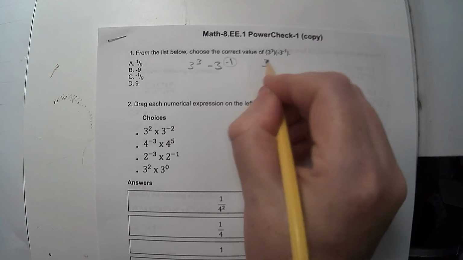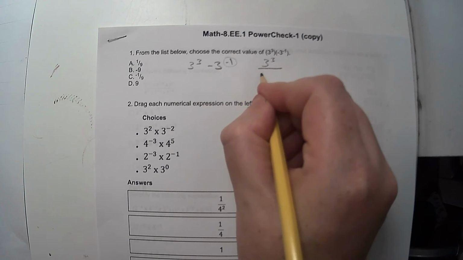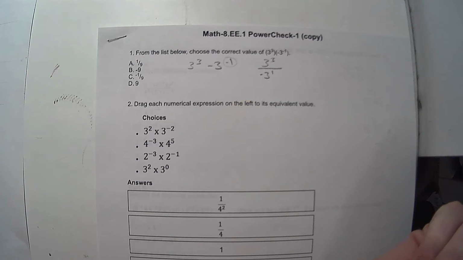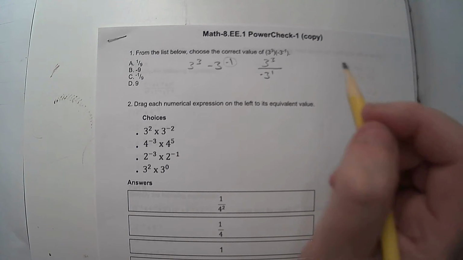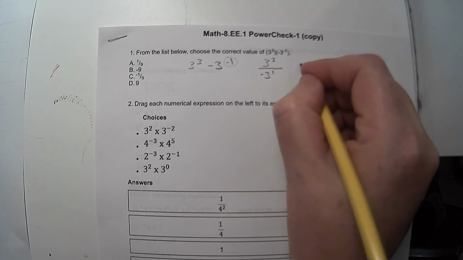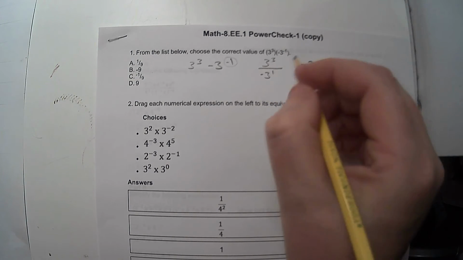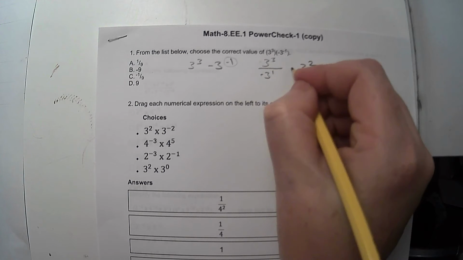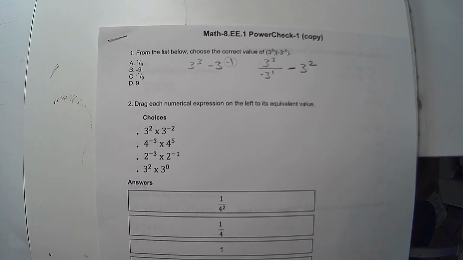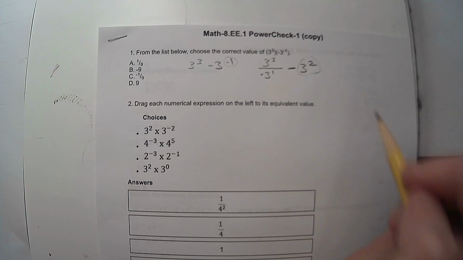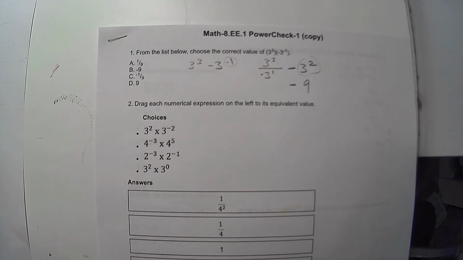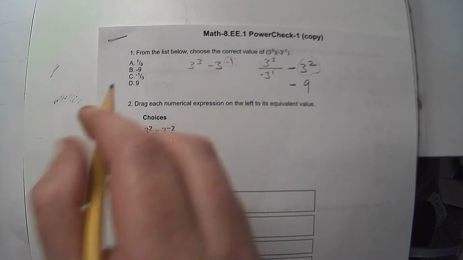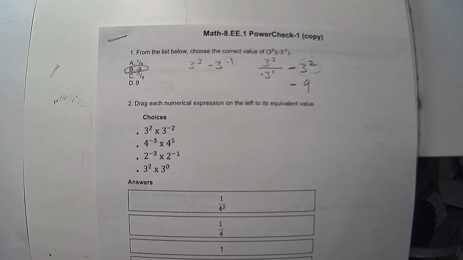So I'm going to have 3 to the 3rd on the top, I'm going to have a negative 3 to the 1st on the bottom, and now I need to take these and put them together. Looking at it, I've got 3 minus 1, that's going to give me 3 squared, but a positive and a negative is still going to leave me with a negative on the outside. So essentially what we're doing is we're taking 3 to the 2nd power, that gives us a 9, and this minus sign is going to have to stick with it. So our answer choice for this one is going to come out to be a B.